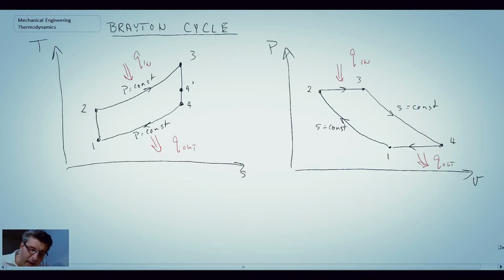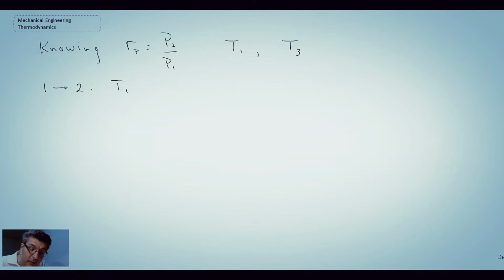now taking a look back at our TS diagram, this is an isentropic process. So we're looking at state 1 to state 2. It's isentropic, and consequently we can use our relative pressure that you would have in the tables in the back of the book.